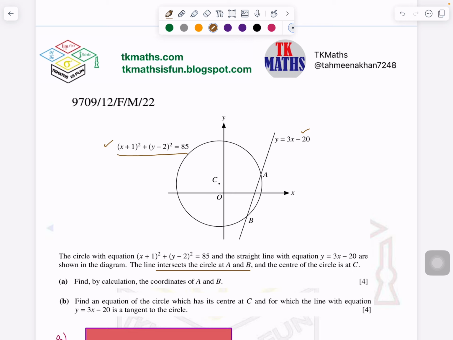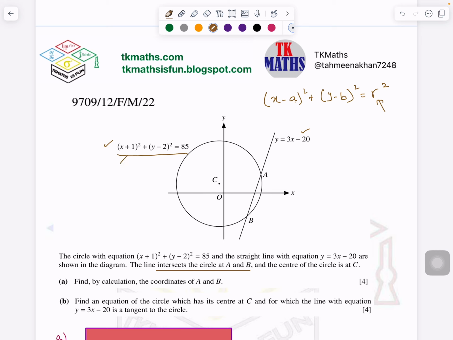So in case you cannot recall the general equation of a circle, let me just tell you here quickly. Suppose (x minus a) whole squared plus (y minus b) whole squared equals r squared. So r tells you the radius, and a and b give you the center of the circle.